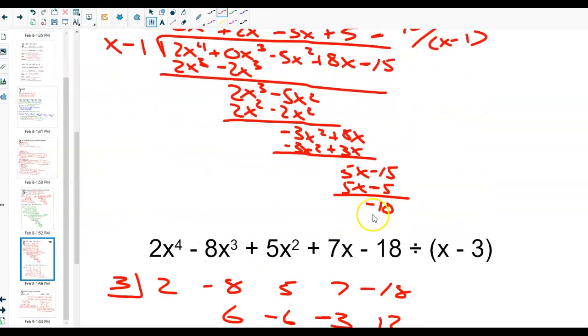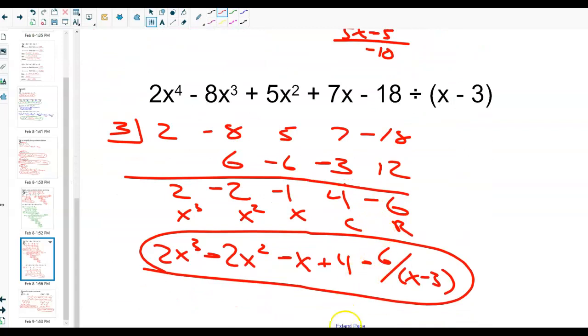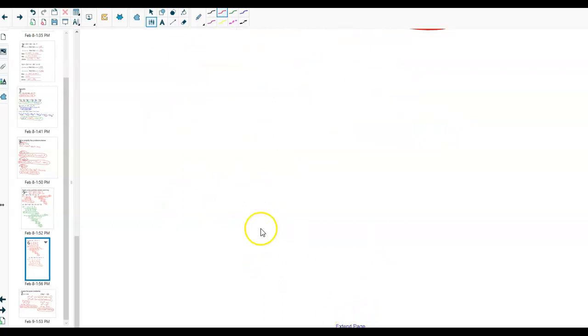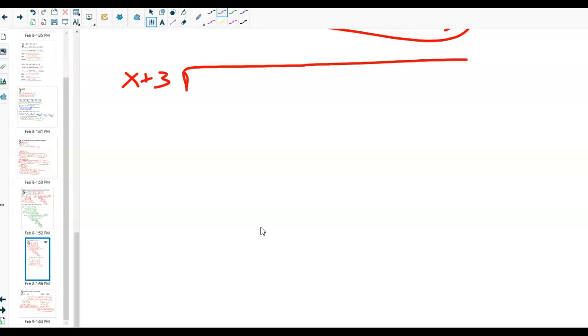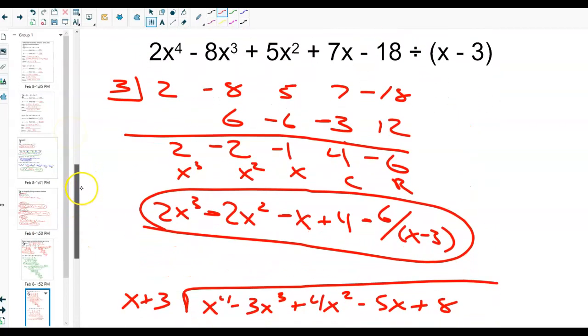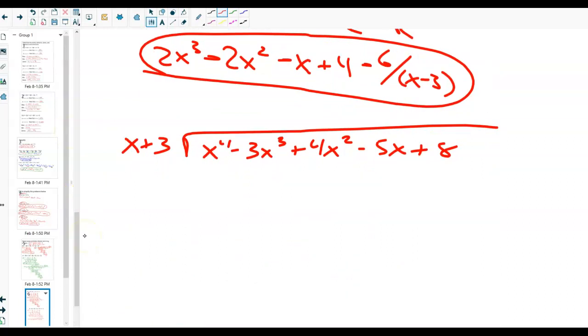All right. Since we do have the time here, I am going to go back and do this one by long division. All right. So when I do this by long division, this problem is x plus 3, x to the fourth minus 3x cubed plus 4x squared minus 5x plus 8. Ooh, nope. Copied down the wrong one.